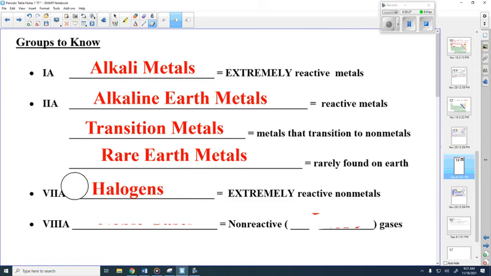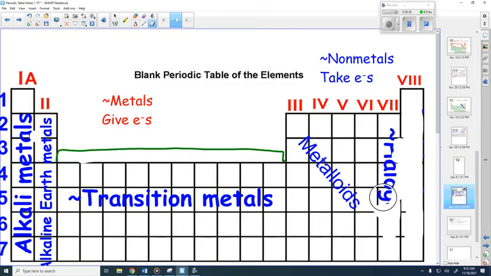But we call group 7A the halogens. So that's these folks right here. These are all halogens. Crazy, crazy reactive. They're very reactive just like the alkali metals, but they are nonmetals. So all the halogens are nonmetals. They're still reactive, but they are nonmetals.